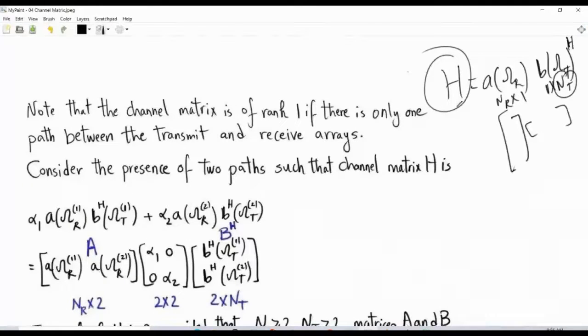You can just transmit one stream and decode it reliably at the receive side. Again, we will see later that the rank of matrix H is really important. The rank is 1 if you just have one scatterer. What if you have 2 scatterers?